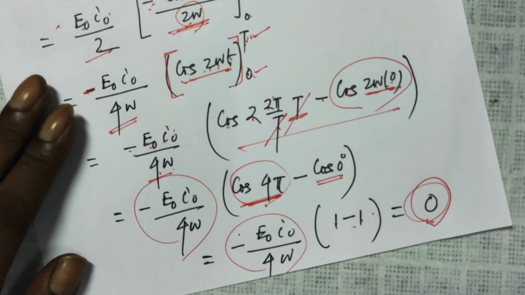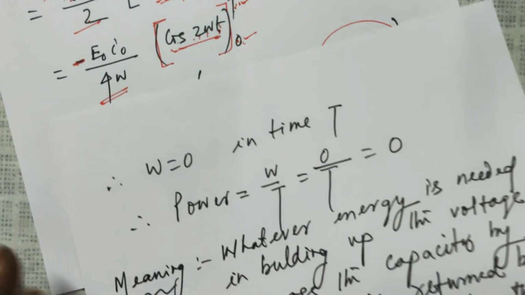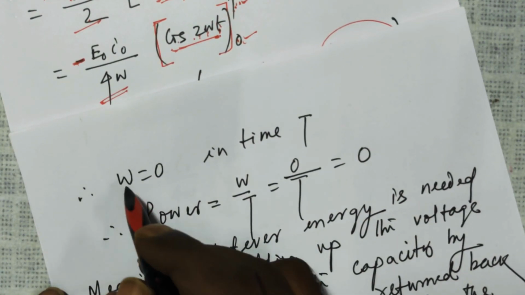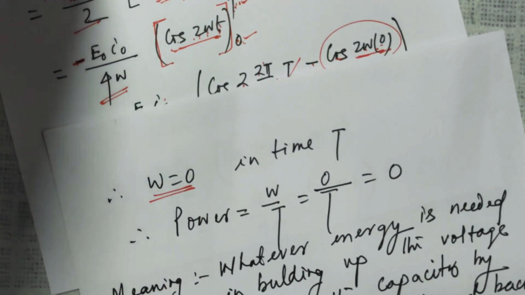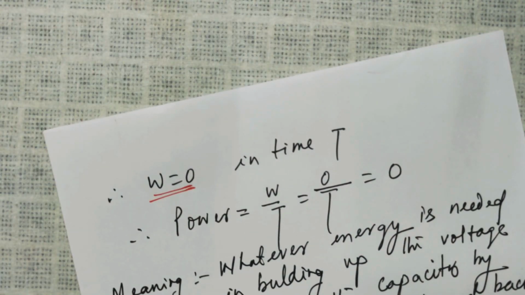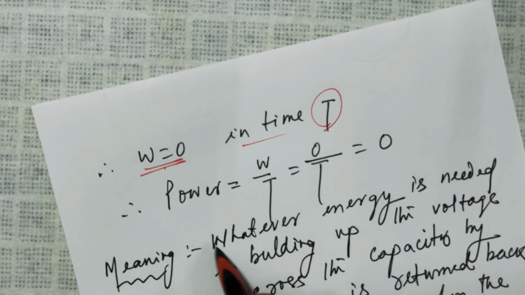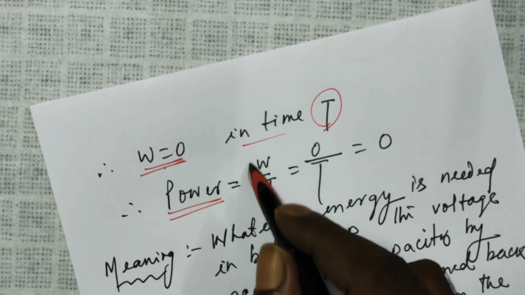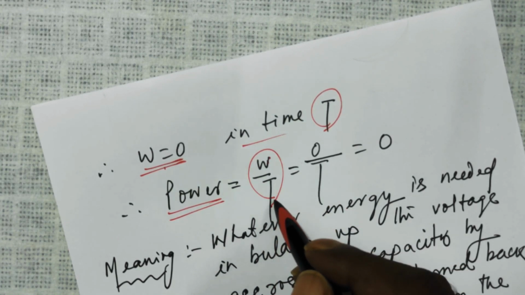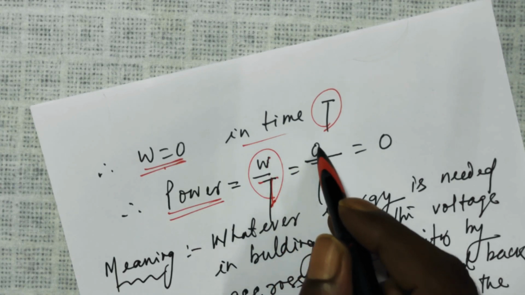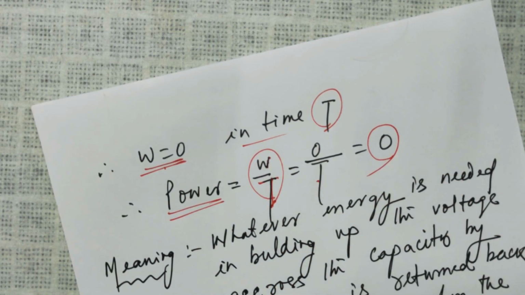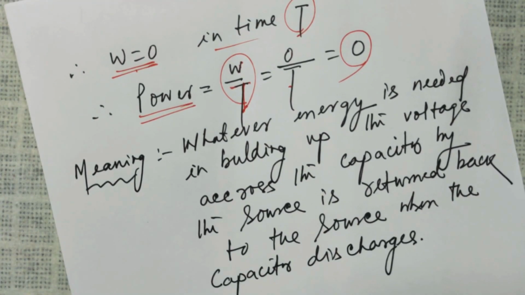Since the total work done is 0 in a time of capital T, and we know power is work done per unit time, work done is 0, 0 by capital T is 0. So the average power associated with a capacitor when it is getting charged and discharged over a complete cycle is 0.